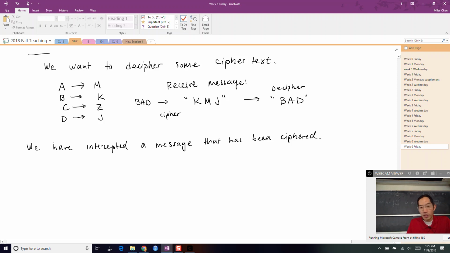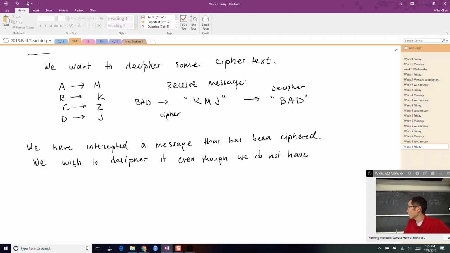Okay, and we wish to decipher it, even though we do not have the decoder key. Okay. All right. So does this kind of make sense? What's going on?